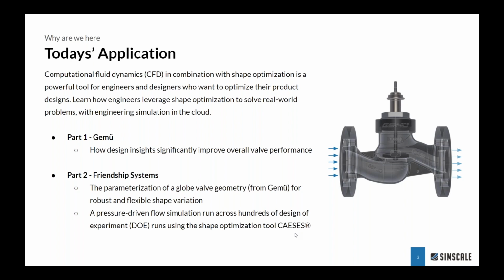He'll talk about how simulation is useful and how you need insights into how the valve performs to increase its overall performance. Then he'll hand over to Mattia at Friendship Systems, who'll talk about how he leveraged simulation in the cloud to take the original valve design, run hundreds of simulations to produce a final optimum design.